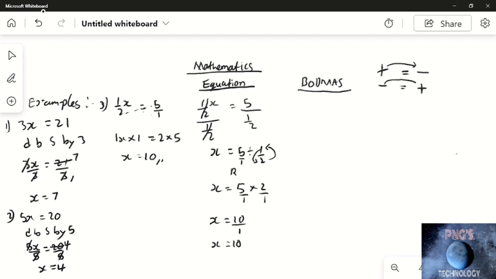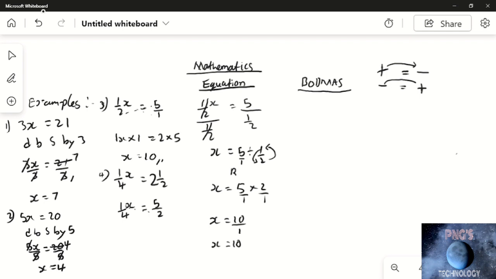So the next thing we're going to do is example 4. In this example 4, we have 1 over 4 x equals 2 whole number 1 over 2. So changing this mixed fraction into an improper fraction, we have 2 times 2 is 4, 4 plus 1 is 5. Sorry about that, sometimes my brain runs faster than my mouth. So we have 1 over 4 x equals 5 over 2.